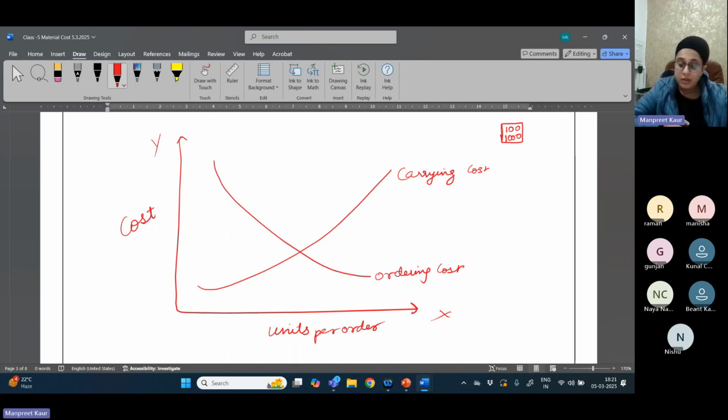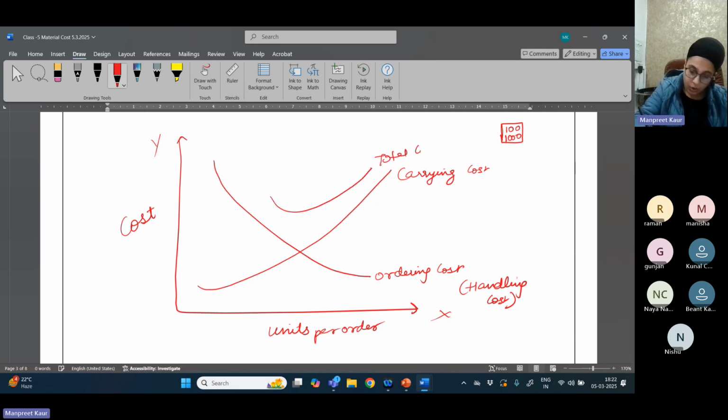As orders increase, ordering cost decreases but carrying cost, holding cost, storage cost increases because more inspection and more things are required. This is the total cost.